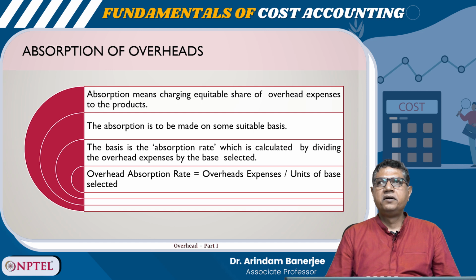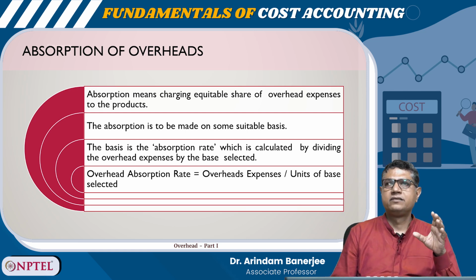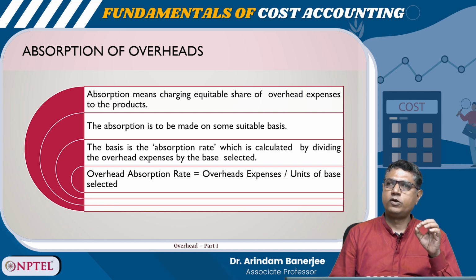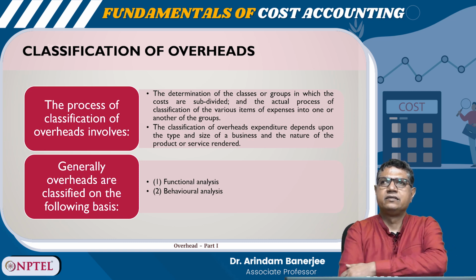So, this is the meaning of absorption. And for absorption you need to select some suitable basis, and you have to calculate the overhead absorption rate by dividing the total overhead expense by the units of the base selected.